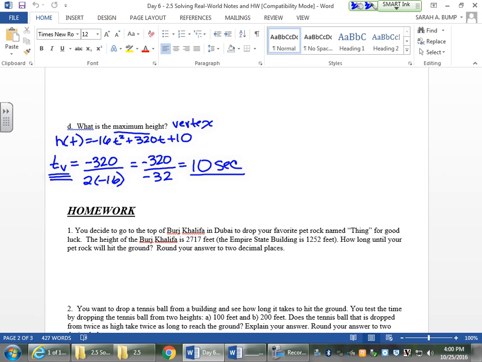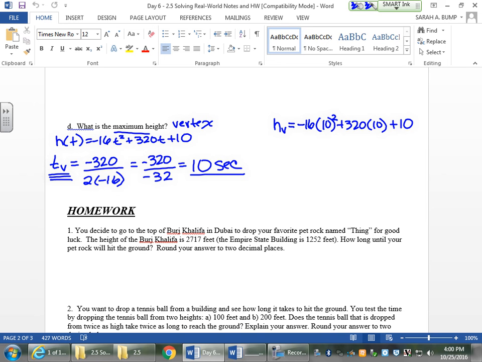That's kind of a little unrealistic number, 10 seconds to reach that max height, just because that's a long period of time for the arrow to be in the air. But we're going to go with it anyway. We're going to sub in 10 to find the height of our vertex. So negative 16 times 10 squared plus 320 times 10 plus 10, because the C value was already 10.